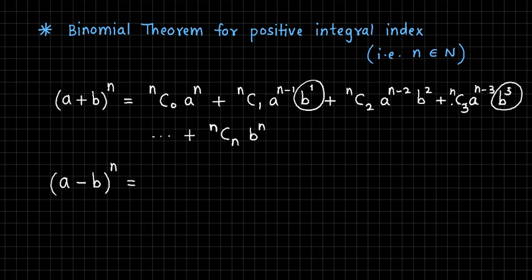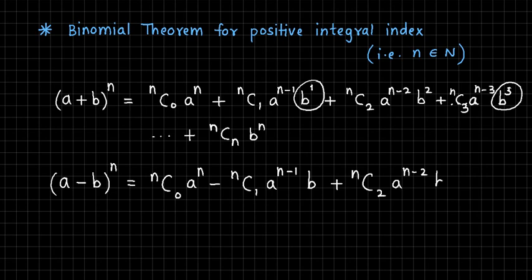So we have alternate terms, positive and negative, in the expansion of A minus B raised to n. Here are a couple of terms I am writing for our reference.